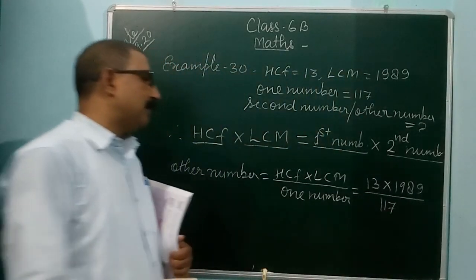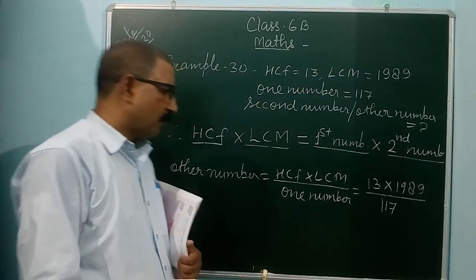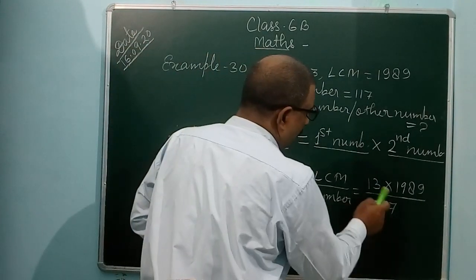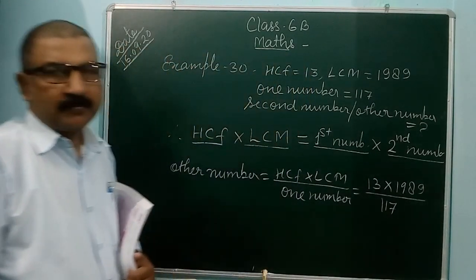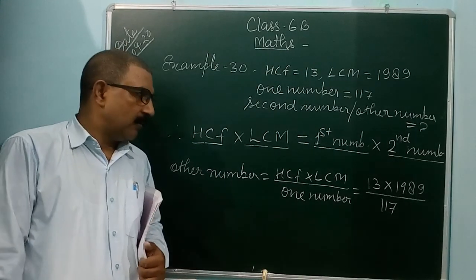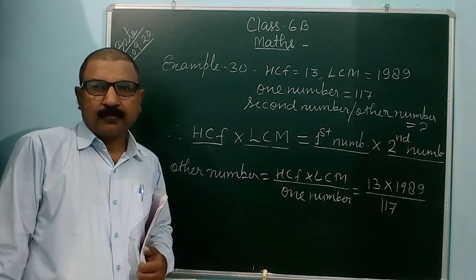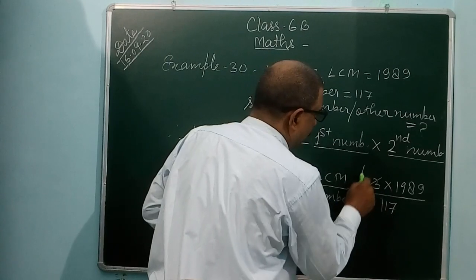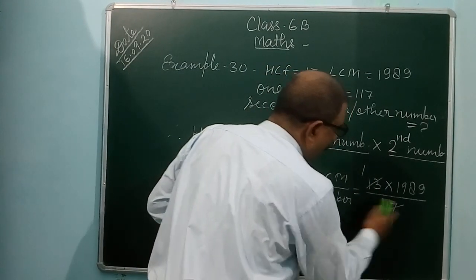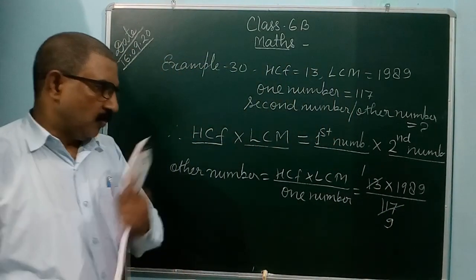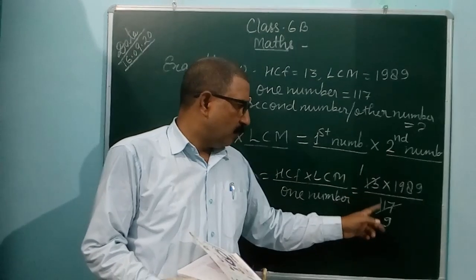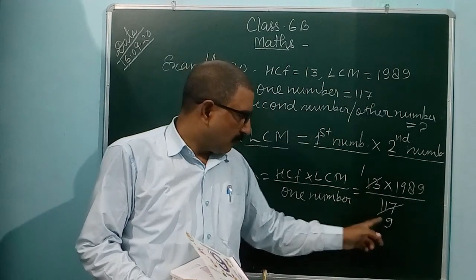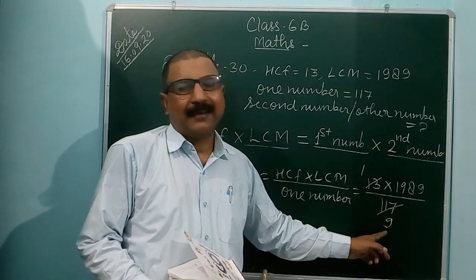So you can divide the number. You can see whether 117 comes in the table of 13 or not. 13 nines are 117. So in the table of 13, 117 comes, and it goes 9 times, so you can cut 117 and write 9.